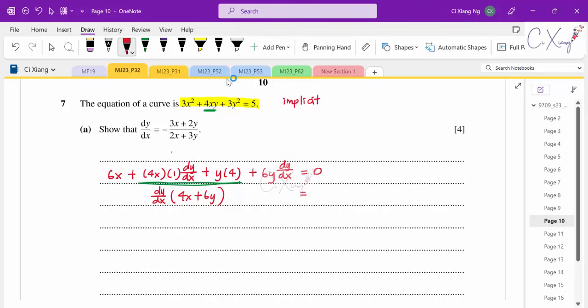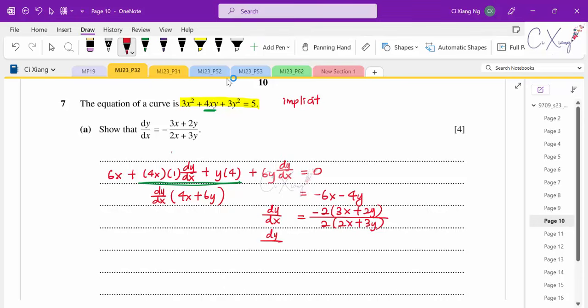Then it equals the rest of the terms without the dy dx, which I will bring to the other side, which is negative 6x minus 4y. Okay, so we are very close to the final answer. To get the dy dx, I bring everything over. I can factorize out negative 2 from the numerator, then divided by, I can also factorize out the 2 from the denominator.